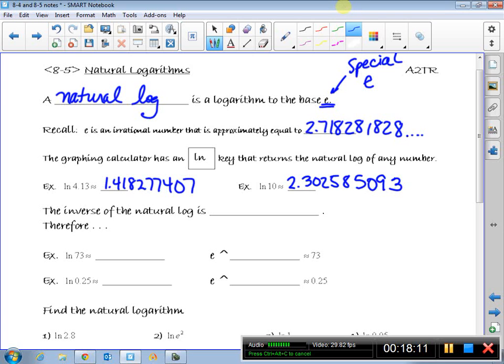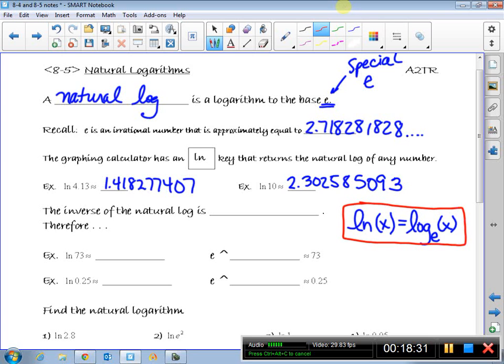I want you to know that ln of any value is the same as log base e of that value. There may come a point when this is handy to think about. So ln is simply a logarithm with that base of e. So that's another way to write it.